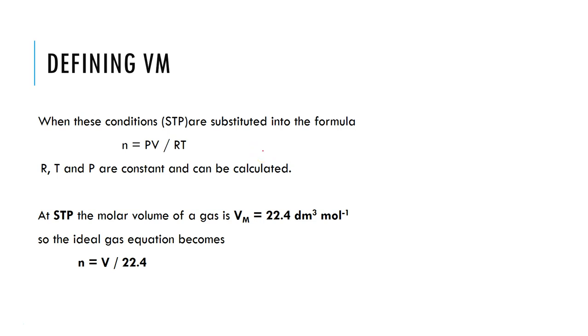So if we look at this, essentially everything's constant. Our formula simplifies down to just looking at V, and then we've got a constant temperature. It simplifies down to the molar volume of a gas, and this is 22.4. So it gives us a new formula for the mole. Hooray, another one for us to learn, which is the number of mole of a gas.